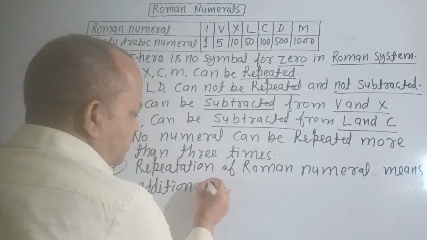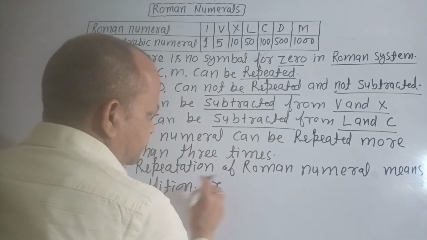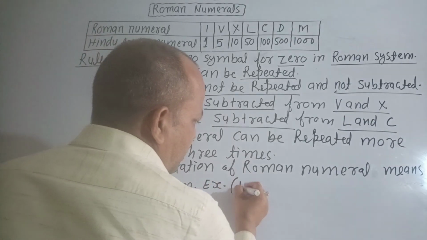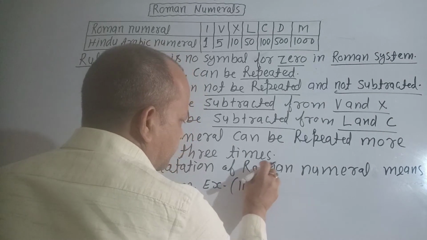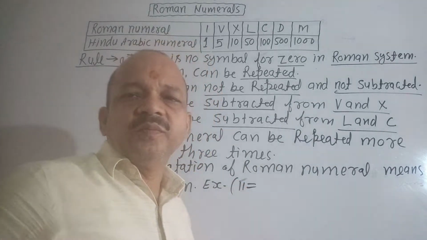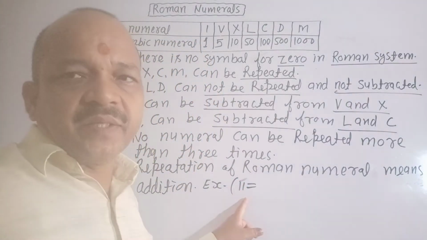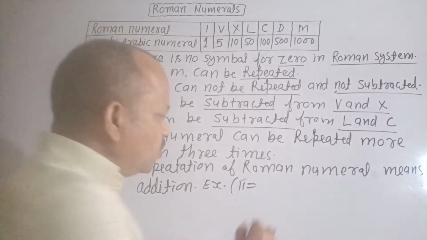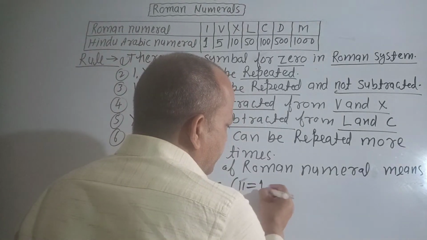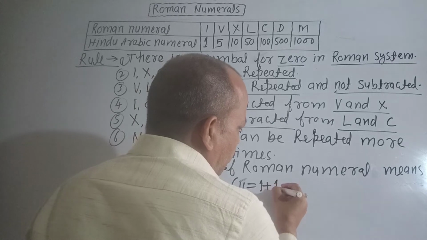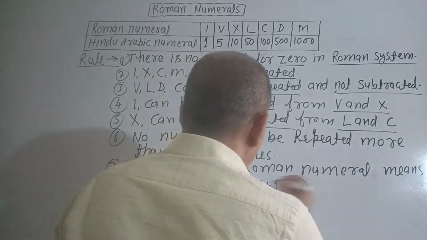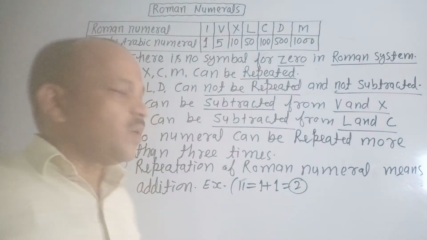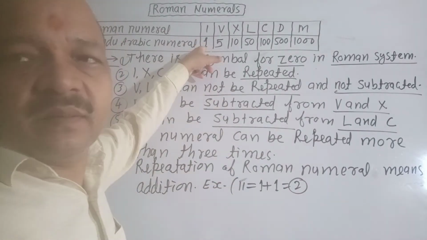Example, II equal to, here I equal to 1 plus 1 equal to 2. Value of I is here 1.